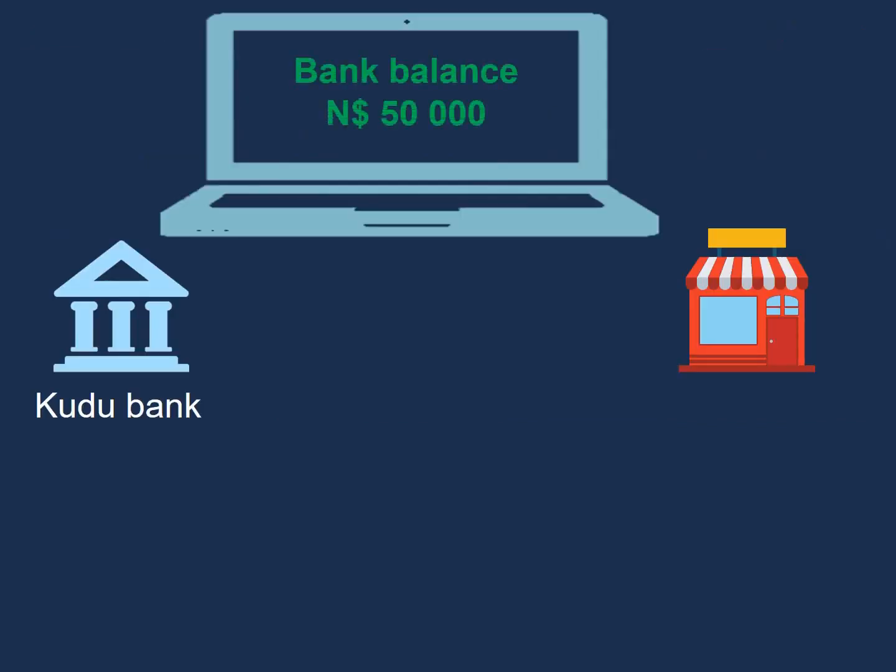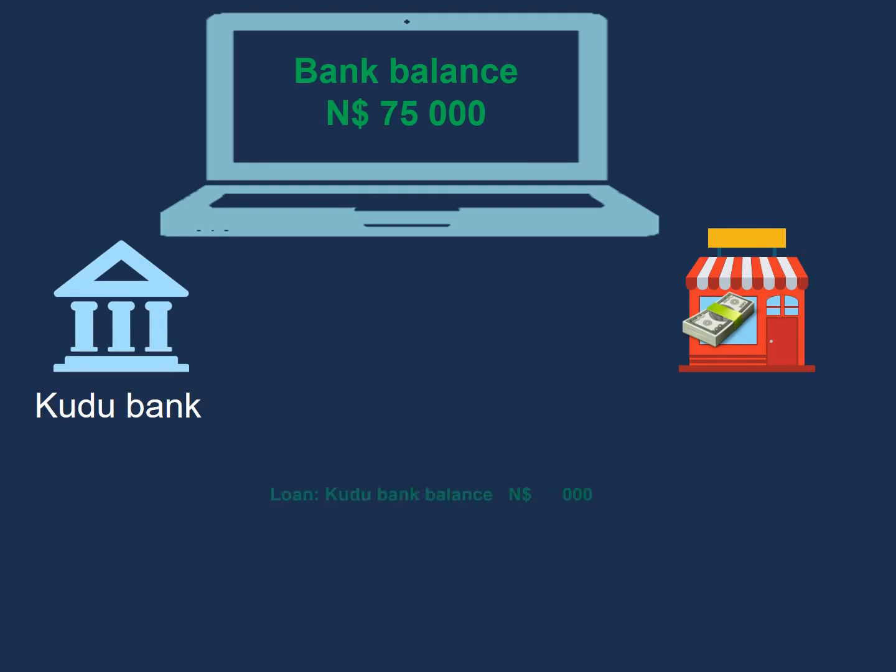Now the business had a balance of 50,000 Namibian dollars in the bank. Then it acquired a loan from Kudu Bank worth 25,000 Namibian dollars. So after receiving the money, the bank balance increased to 75,000 Namibian dollars.